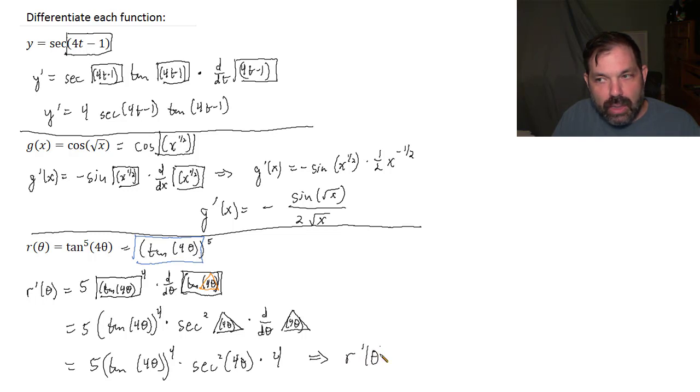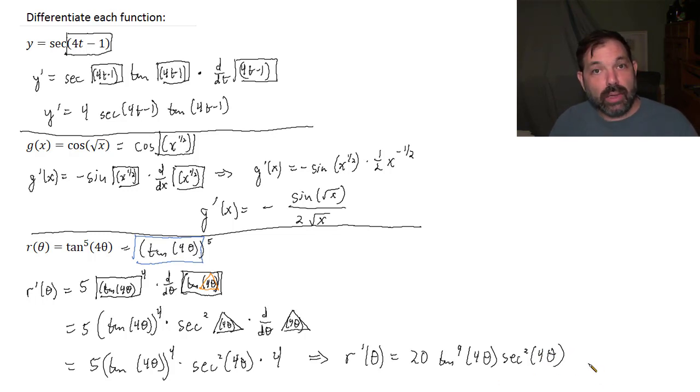So r prime of theta is then 20 tangent 4th of 4 theta times secant square of 4 theta. Okay, so we've got to be careful. If we have a composite function where there's multiple compositions, for each composition, we're going to have to add on another link to the chain. So that's something to be careful of. Multiple compositions, multiple chains.